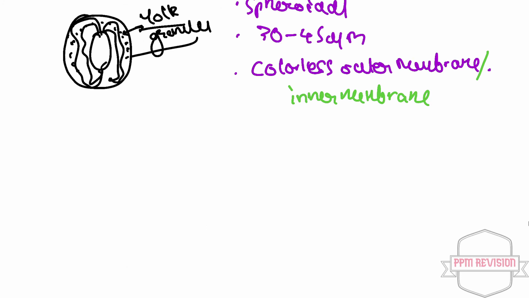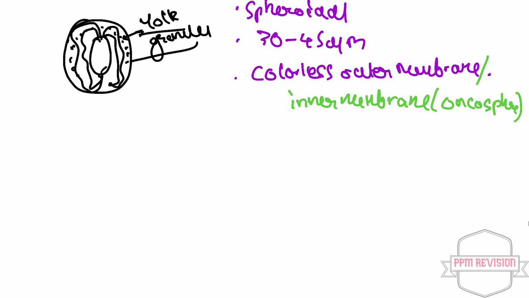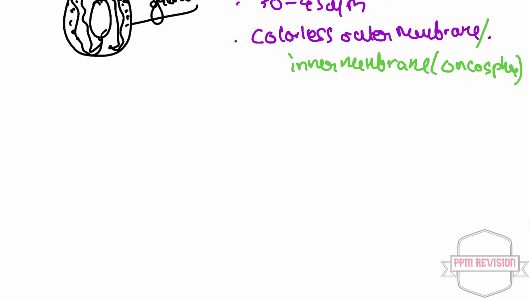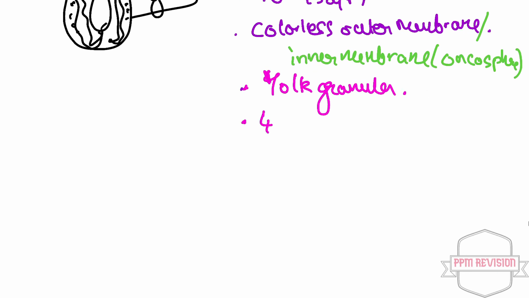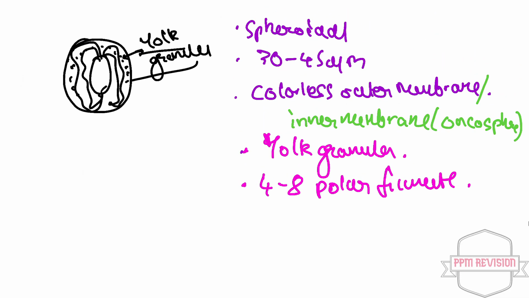This inner membrane encloses the oncosphere, and the space between the two has yolk granules present, and 4 to 8 polar filaments arise. There are 4 to 8 polar filaments present. This is the structure of the egg that we have discussed so far.